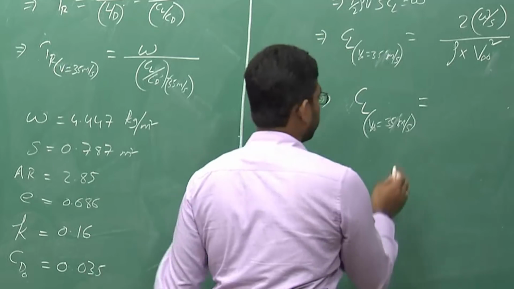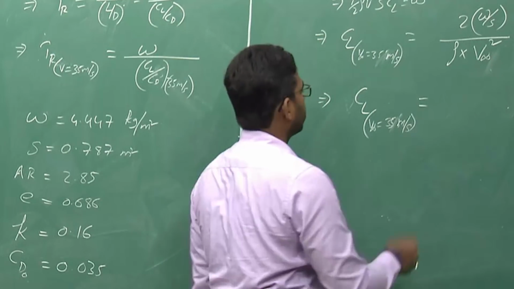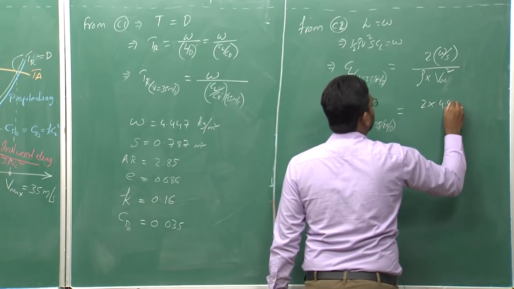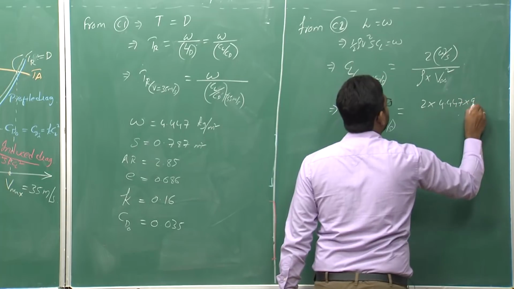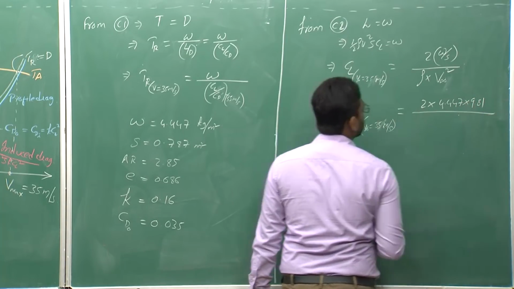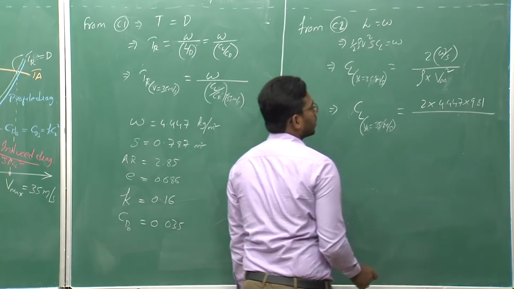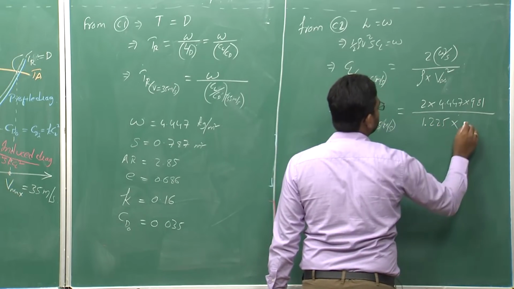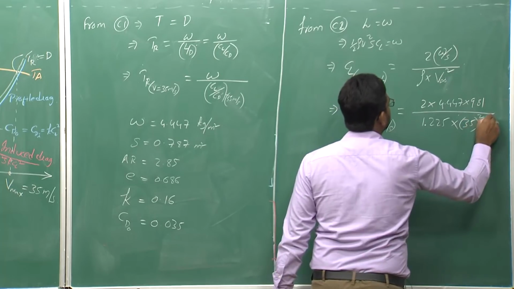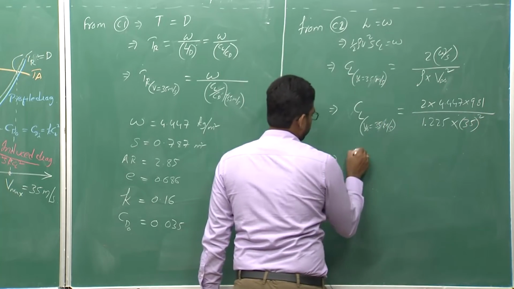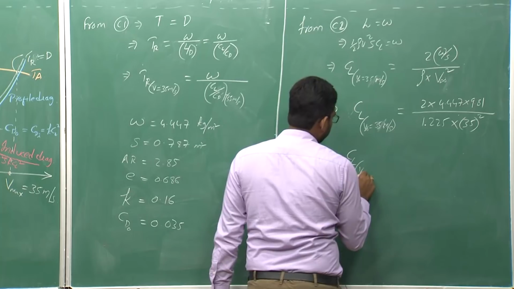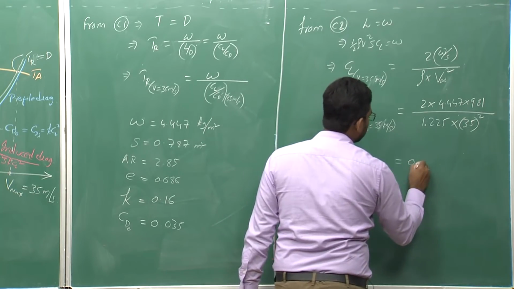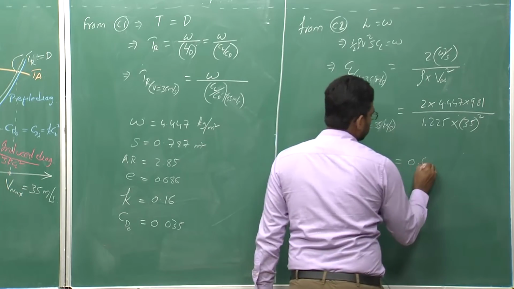As per the mission requirements, 35 meters per second is the maximum velocity for this UAV. This is twice the wing loading, 4.447 into 9.81, converted to Newton per meter square, divided by 1.225 kg per meter cube into 35 meters per second square. The corresponding CL for V infinity 35 meters per second is 0.058.